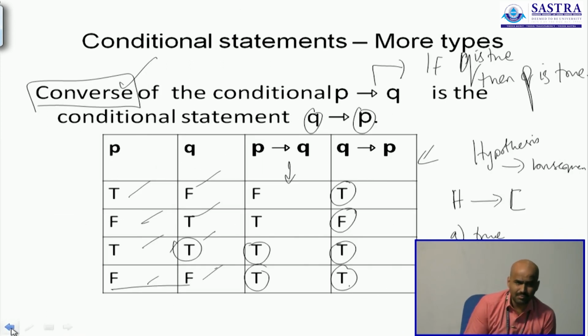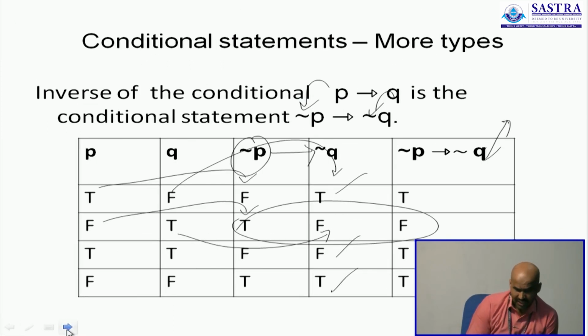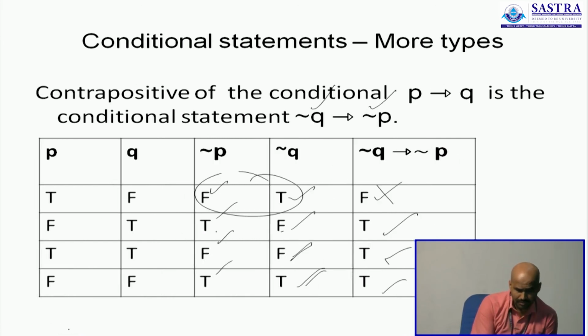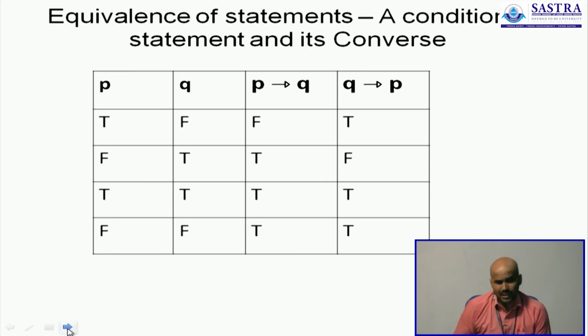The first of them being the converse, the second being the inverse, and the last being the contrapositive. Now in the same way, can we compare a conditional statement and its inverse, number 1, converse, number 2, contrapositive, number 3? How will they differ? If at all they'll differ, how will they differ? That's what you'll see here.